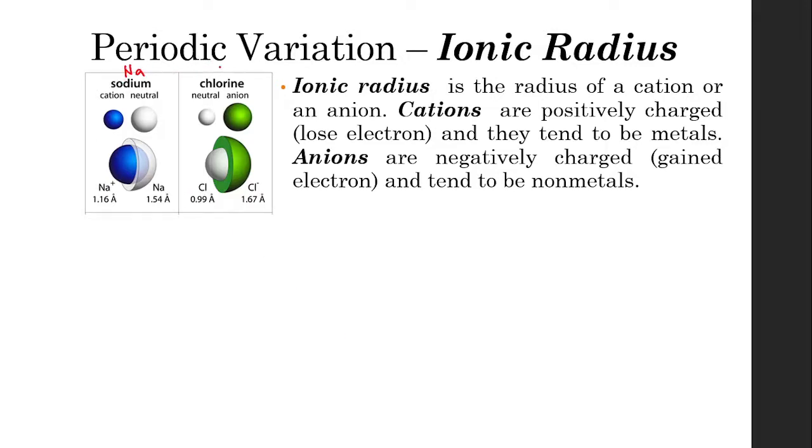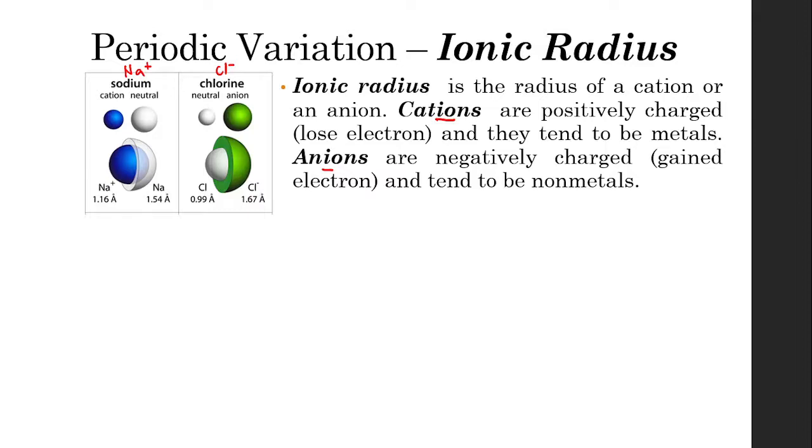We know that in an ionic compound, we should have a metal and a non-metal. And what happens is that the metal will readily donate its electron to the non-metal. So our metal becomes more positive, making it a cation, and our non-metal becomes more negative, making it an anion because it gains an electron.